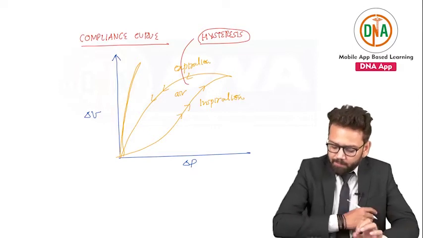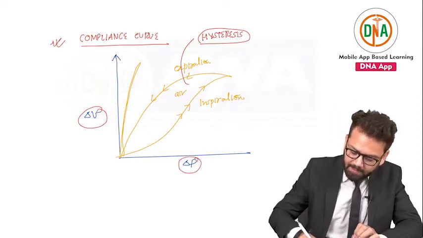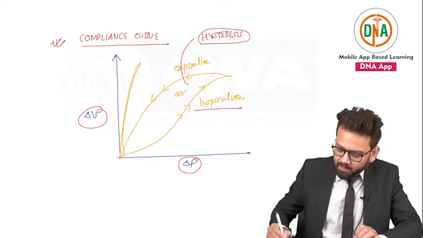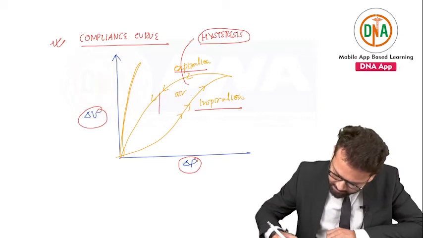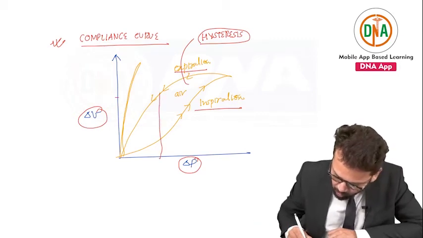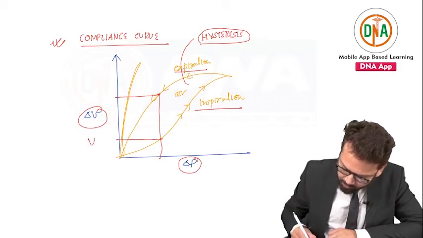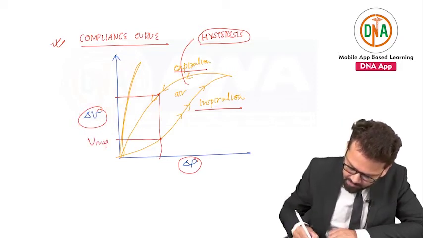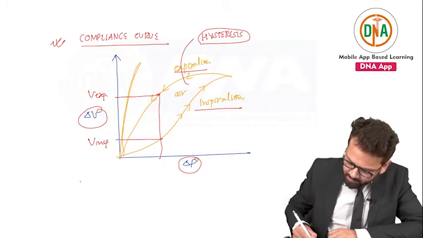You can see in this diagram, delta V by delta P is called compliance. And during inspiration, the curve is different. During expiration, the curve is different. Now you can see at the same pressure, volume is different during inspiration and during expiration. This is volume during inspiration, this is volume during expiration. So what does hysteresis mean?